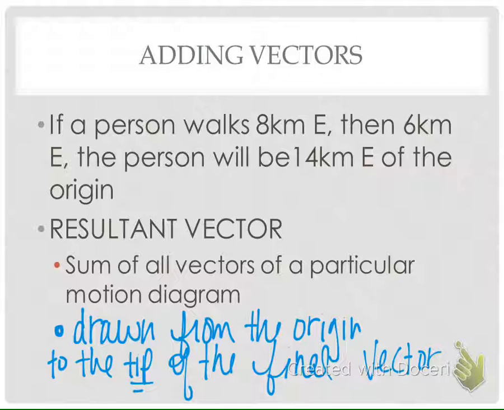So the resultant vector is always drawn from the origin to the tip of the last vector. So the resultant gives us our displacement, or our average velocity, or our average acceleration, whatever it may be that we're looking for. It's going to give us the overall of all of those vectors. That's what the sum means, the total of all those vectors. But here we're adding them with direction and everything. So it goes from the origin to the tip of the last vector.